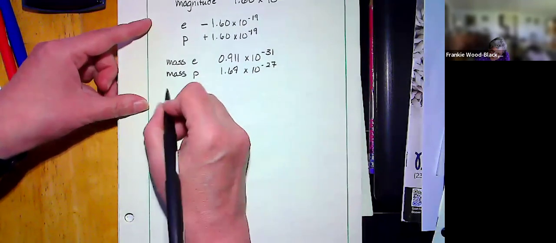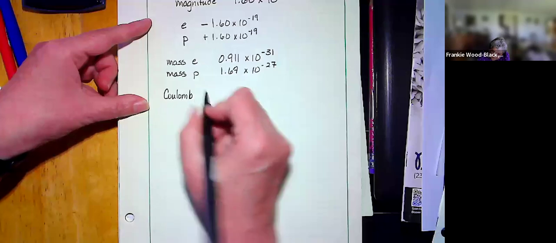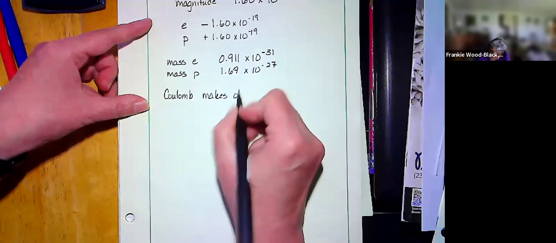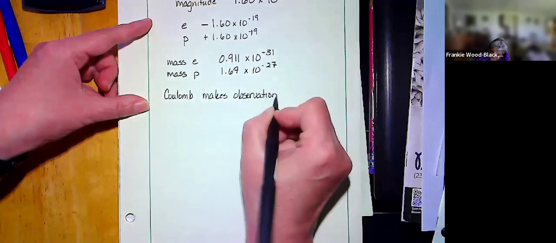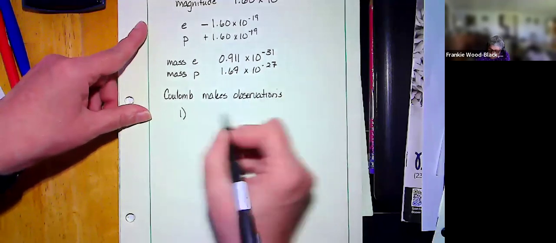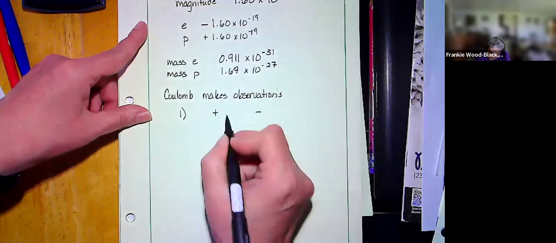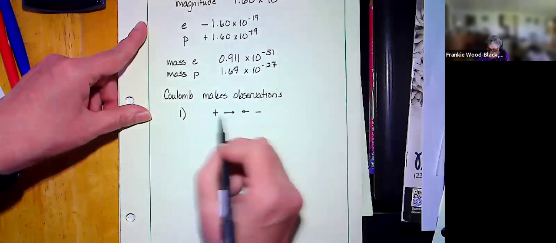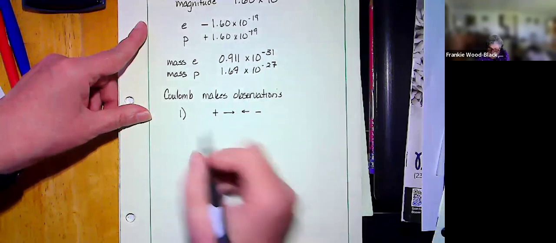So Coulomb comes out and he's going to make some observations. First observation that he made is that if I have a positive charge and a negative charge, the attraction or the repulsion acts along this line.